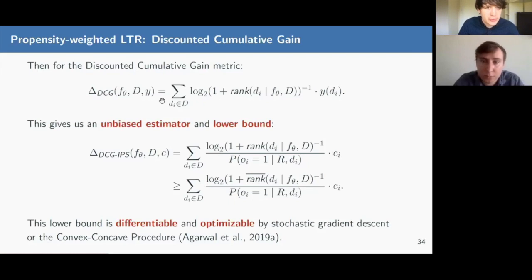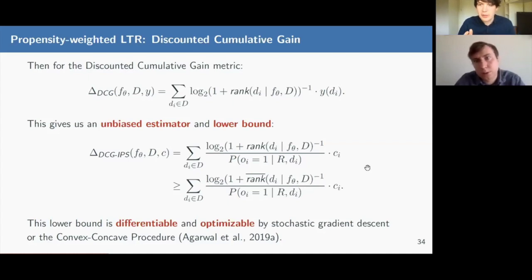If we then convert this to our IPS estimator, so again, we're filling in that lambda function that we saw before, we have our unbiased estimate that now looks like this. So again, for every click, we're going to reweigh that by the discount that we get according to the metric, and inversely weigh it with the probability of examination, as Rolf discussed before.